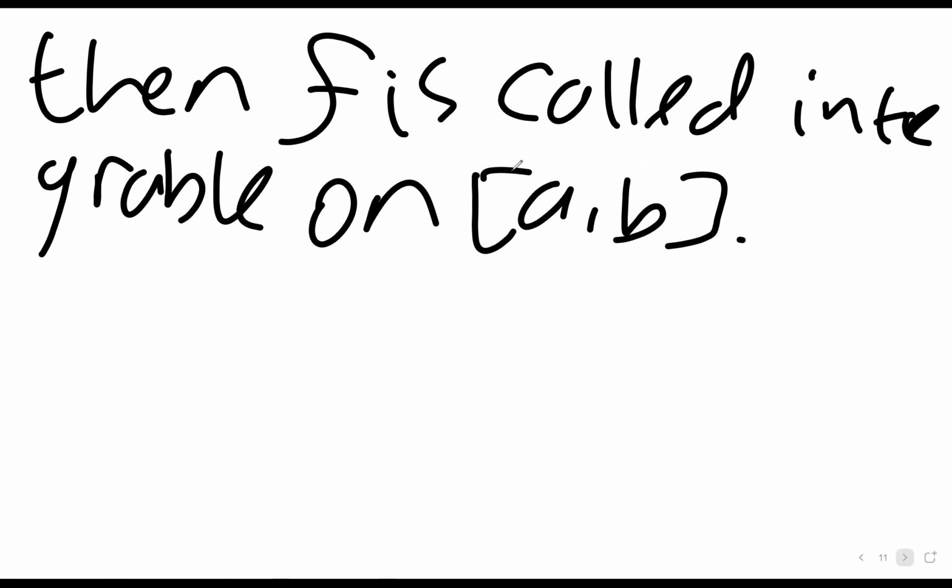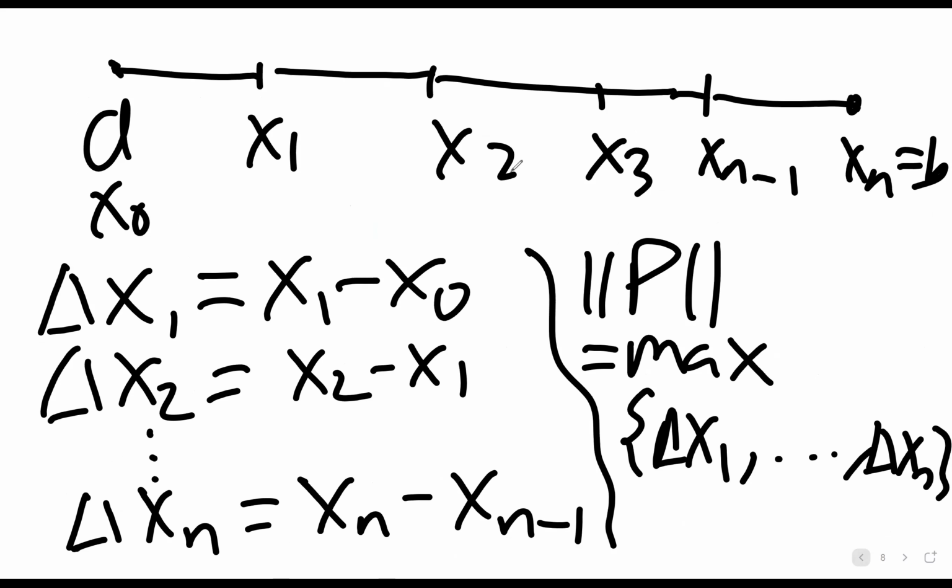If you have n subintervals, the length of the interval a comma b is b minus a. So if you consider the uniform partition, meaning the length of each subinterval is the same, then the length of each subinterval is b minus a over n. But in general, they are not the same.